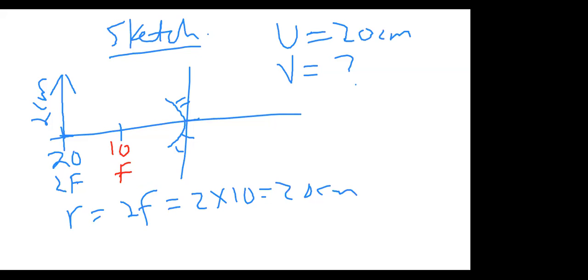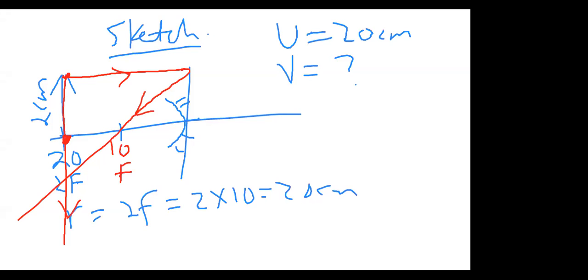The first rule says that a ray of light which is parallel is reflected through F, like this. Then another ray of light which is passing through F is here. But all the rays must begin from the head, which is here. So it goes like this, and then it comes back to the same position. Where they meet, that's where the image is going to be formed. So you can draw that simple sketch. Then I show you what to do on the graph.